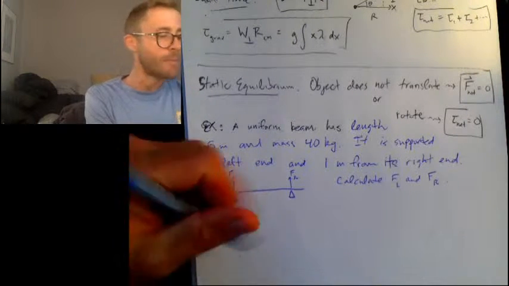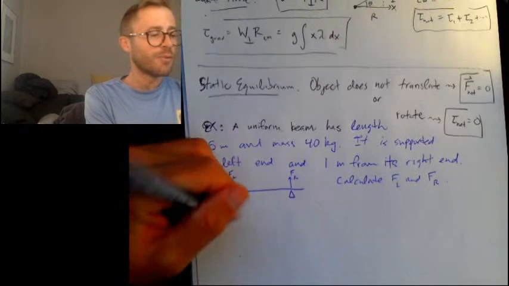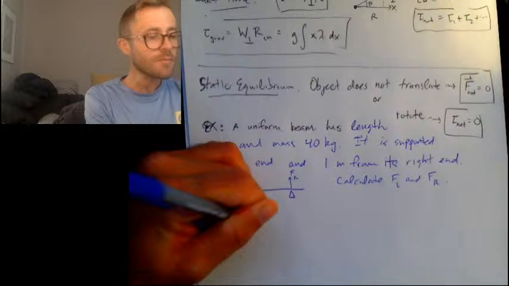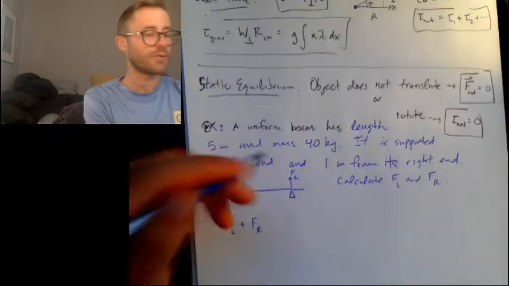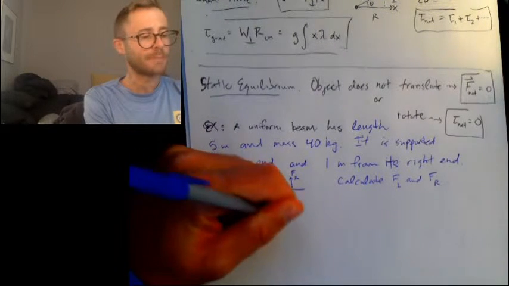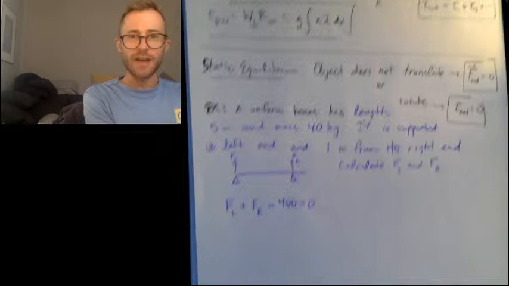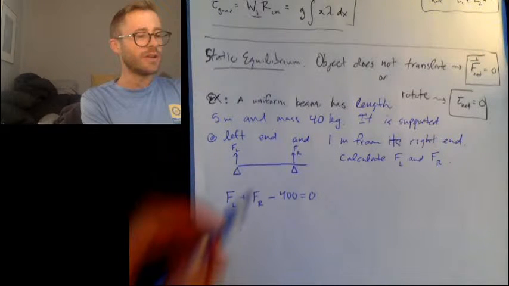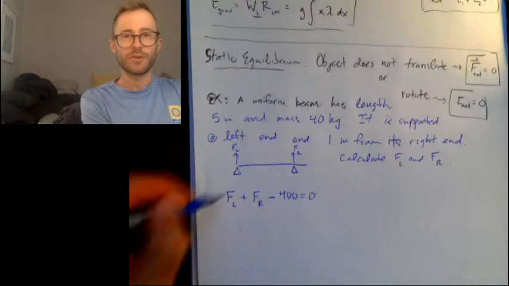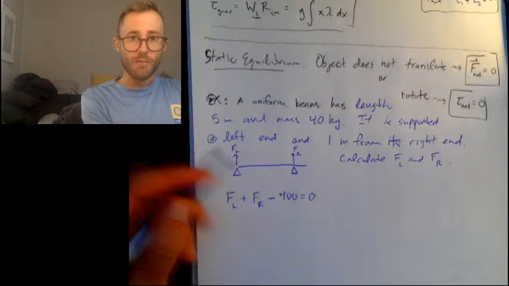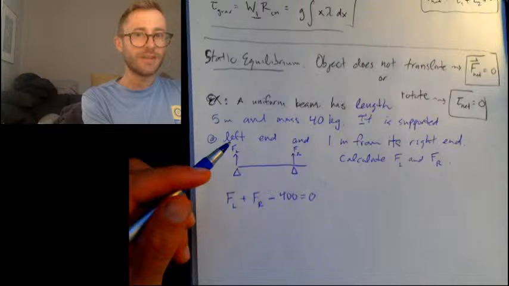We have two upward forces, and we have one downward force, which is the 400 Newton weight force. So that is net force equals 0. That's our first equation.